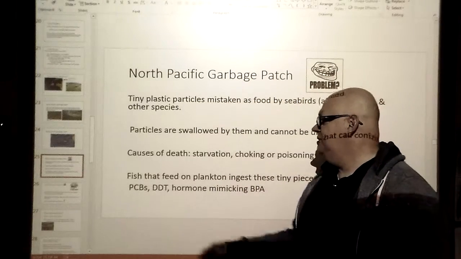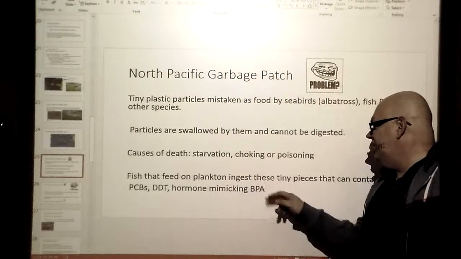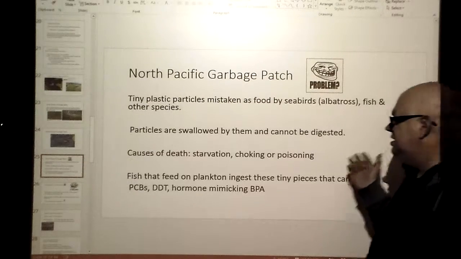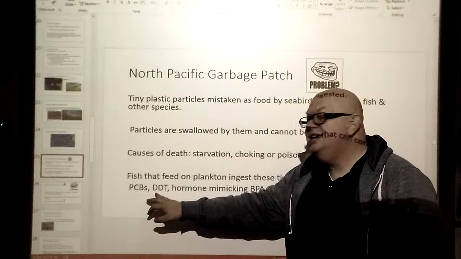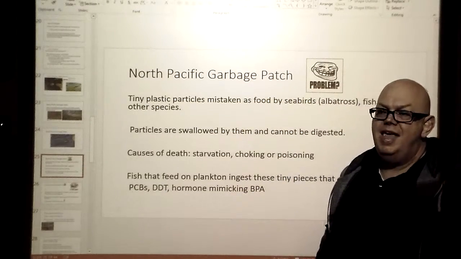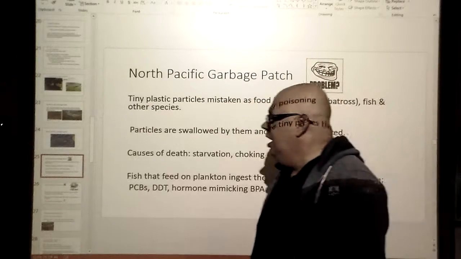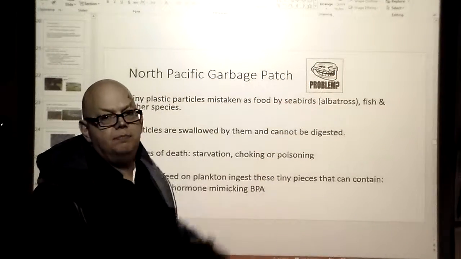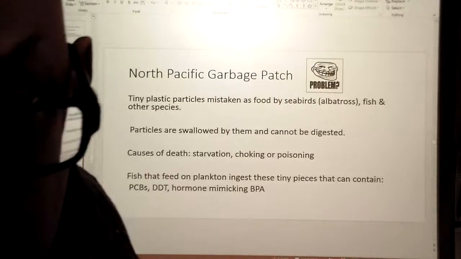Now, part of the problem is that you also have fish that feed on the plankton. They also ingest these tiny pieces of plastic, and the plastic itself can contain PCBs, polychlorinated biphenyls, DDT, the pesticide, and hormone-mimicking BPA. All this stuff is going to have effects on those animals, and we need to be specific about it. That's why I put up the troll face, saying problem? Yeah, that's a bit of a problem here.